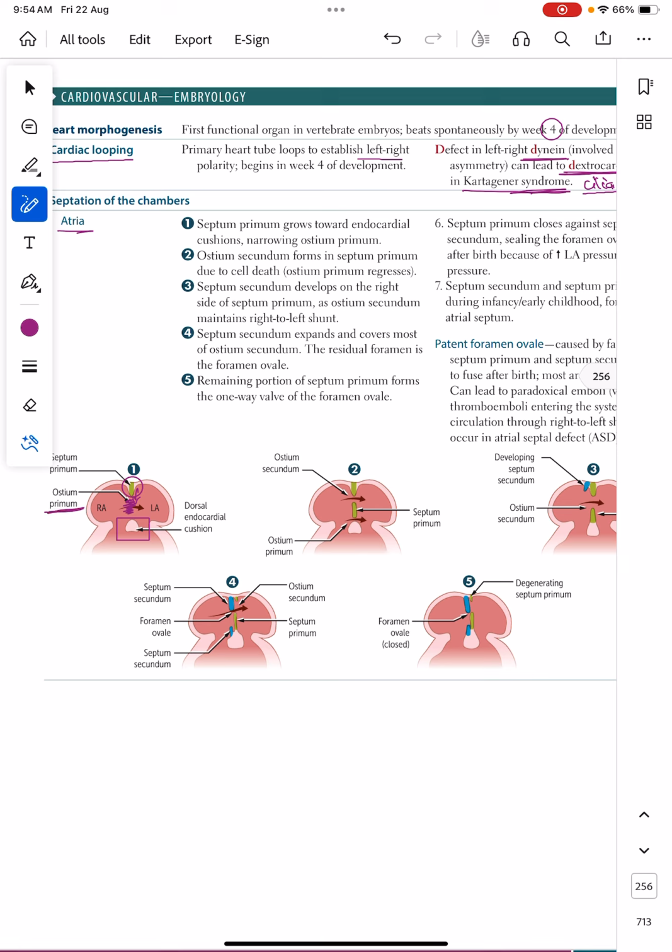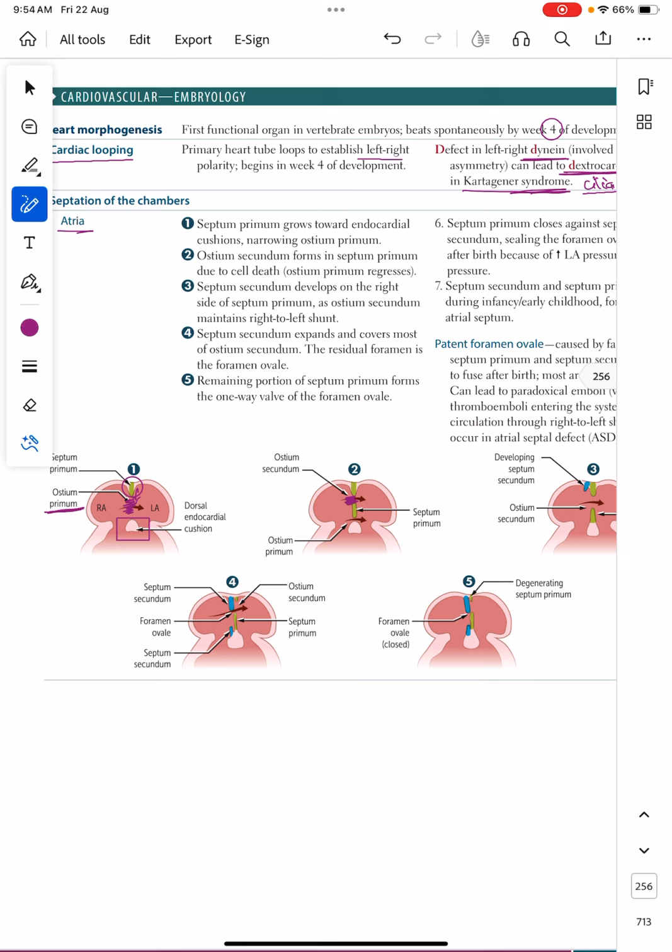It means the first ostium that develops is the ostium primum, and as the septum primum meets the endocardial cushions, it degenerates some cells here, that becomes the ostium secundum.